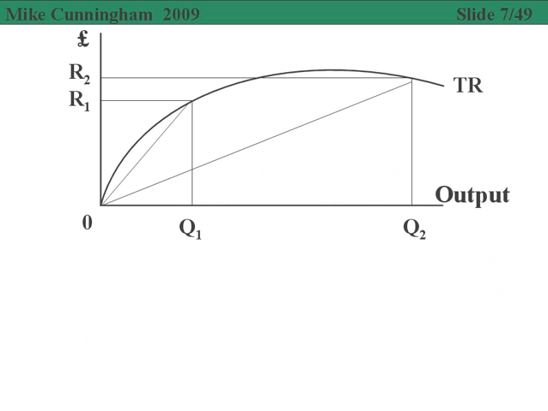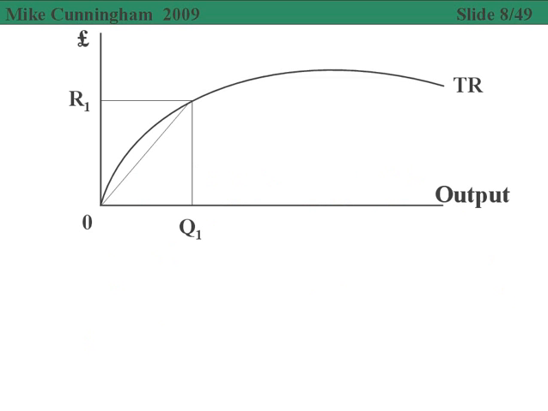Now let's just bear that in mind for a second. We've got two outputs, Q1 and Q2, and two revenues, R1 and R2, and you can see that R2 has increased, but not by a lot. That's because the curve is starting to bend downwards. Let's do it again. There's the R1 and R2 as we had before.